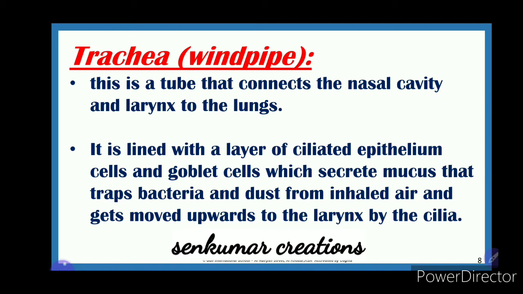The main function of the cilia is pushing the mucus secreted from the goblet cells towards the throat region, and sometimes we swallow this mucus and it gets neutralized in the stomach, because in the stomach there is hydrochloric acid, right? It is digested or neutralized there.